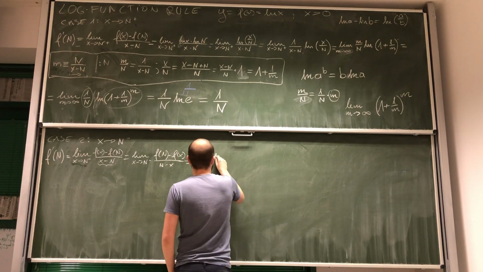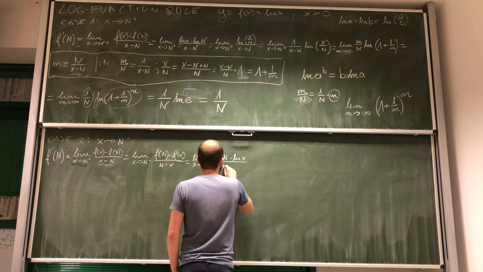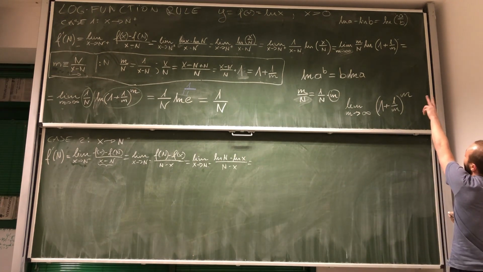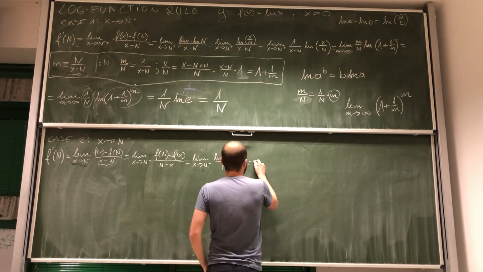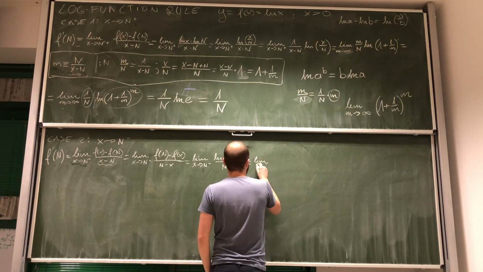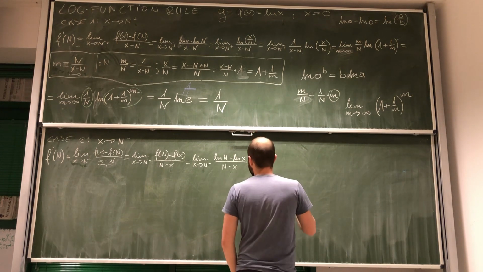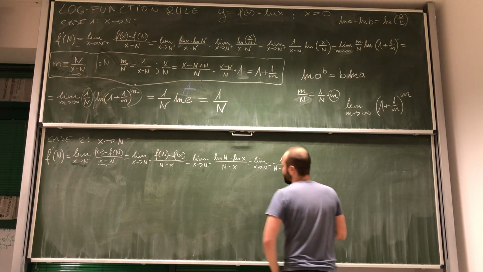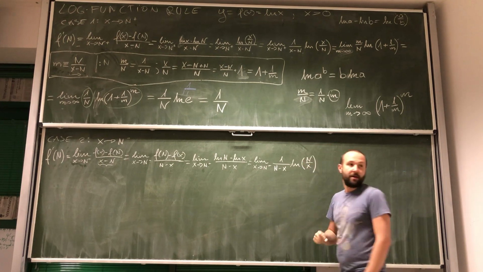So here we will have ln n minus ln x over n minus x. And now in this step, I'm going to use the property of logarithms and take this denominator out. So I'm getting this limit with x approaching n from the left-hand side of 1 over n minus x times natural logarithm of n over x.